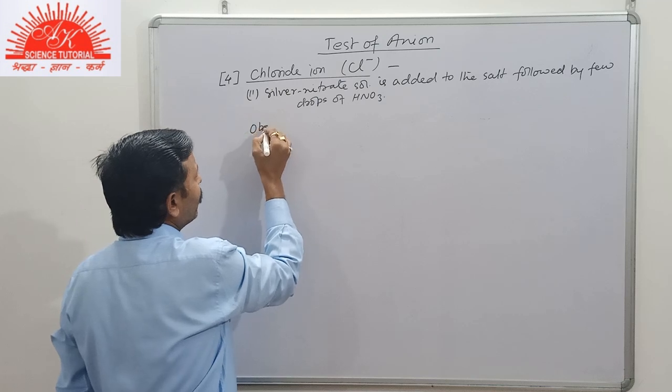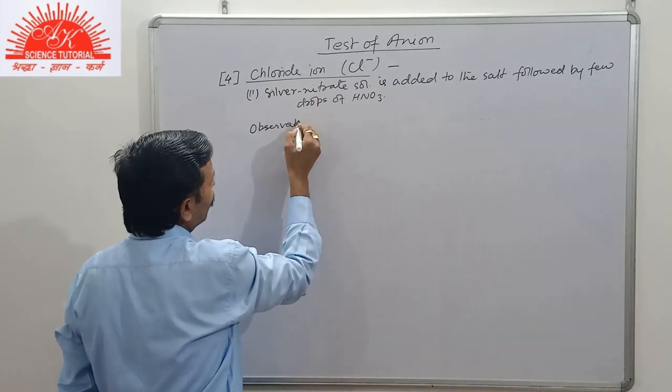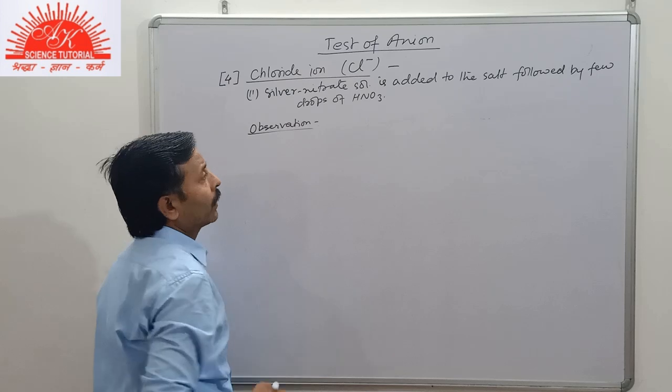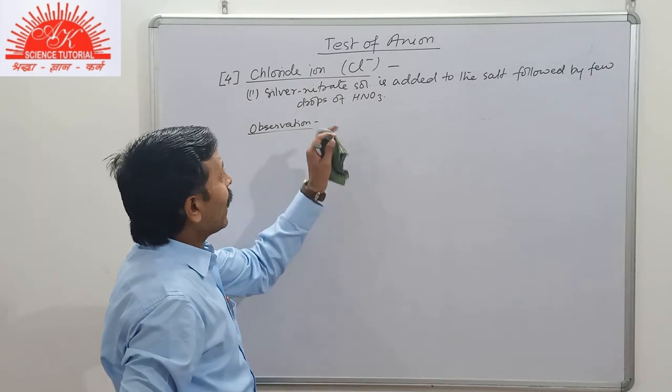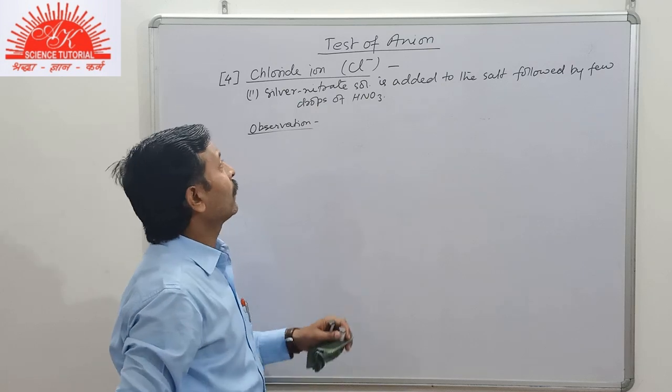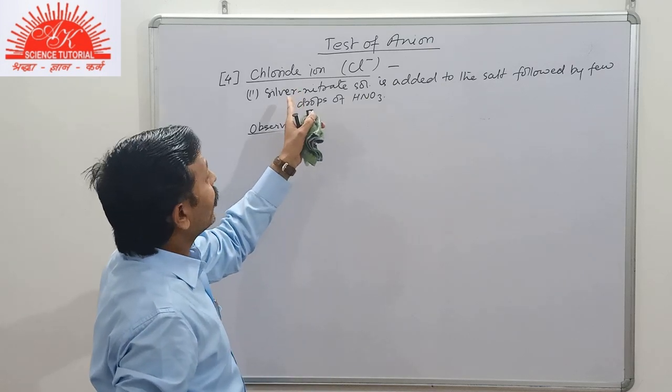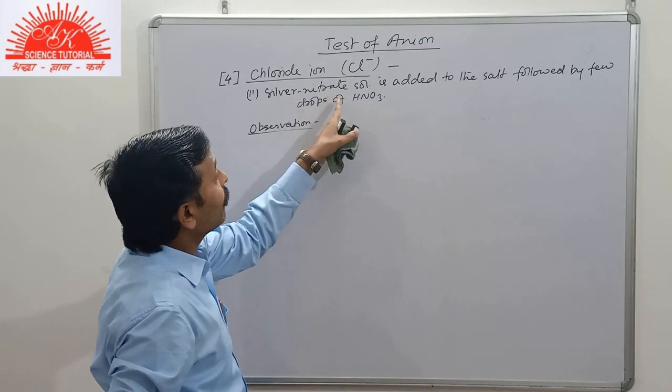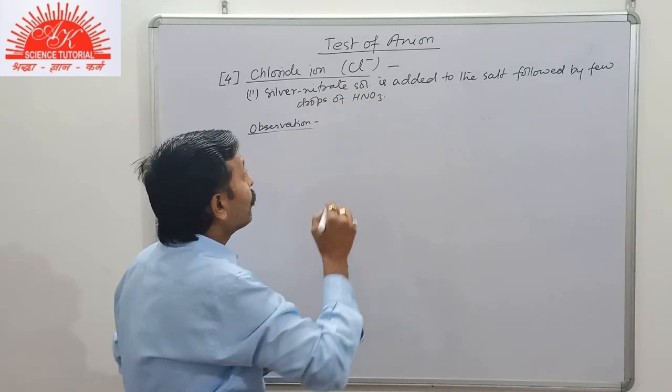Now what will be the observation? If we have a chloride salt, then silver chloride will be obtained as a precipitate.